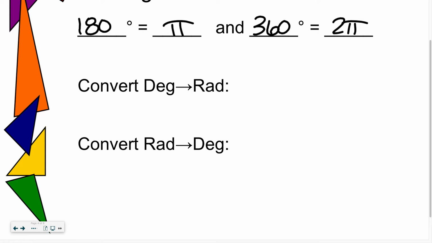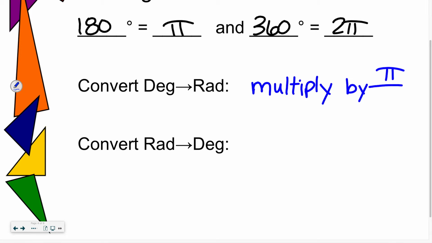So the rule is to go from degrees to radians, multiply by a conversion factor of pi over 180. Because then you'll have some degrees times this pi over 180 degrees, and degrees will cancel on the top and the bottom. So then it'll be in radians.